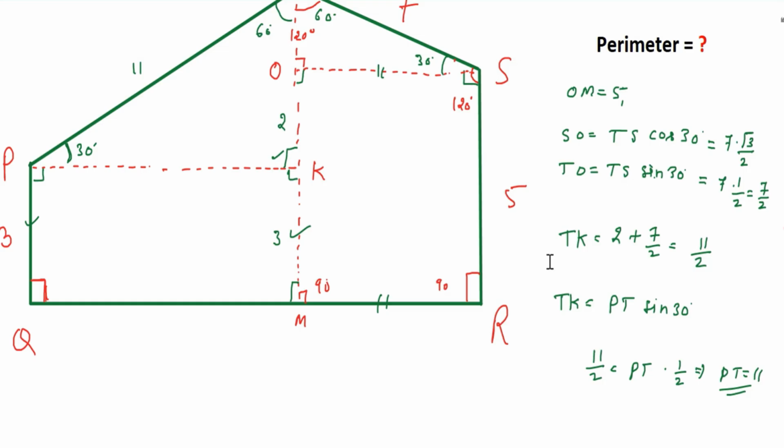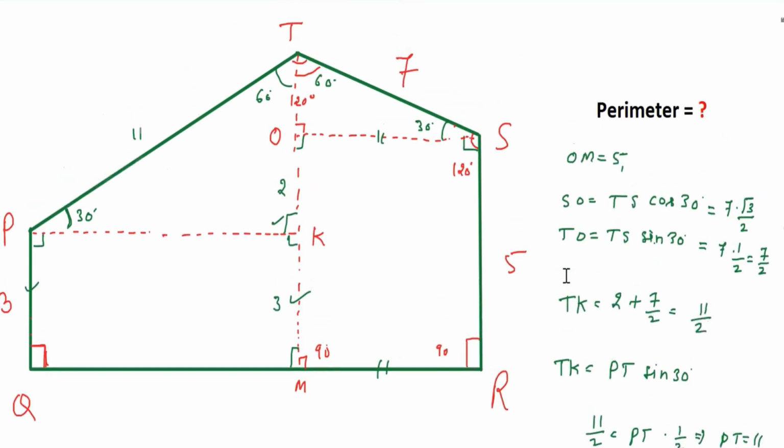Now we have to find out the length QR. From here OS we have already found, that is 7 square root of 3 divided by 2, and OS is equal to MR, that means MR is also 7 square root of 3 divided by 2. And side length PK is equal to QM.